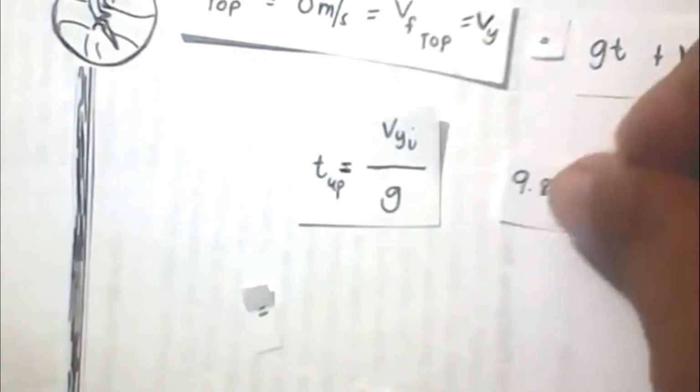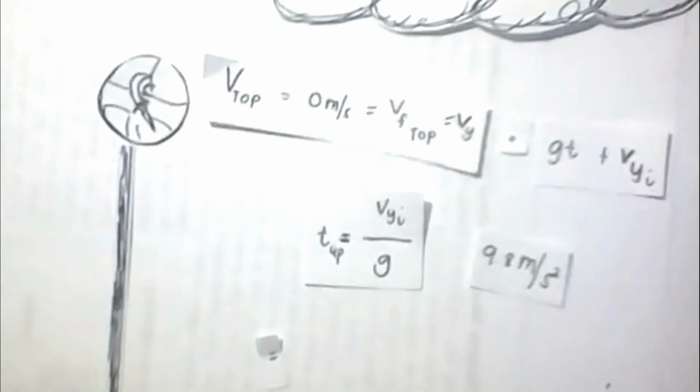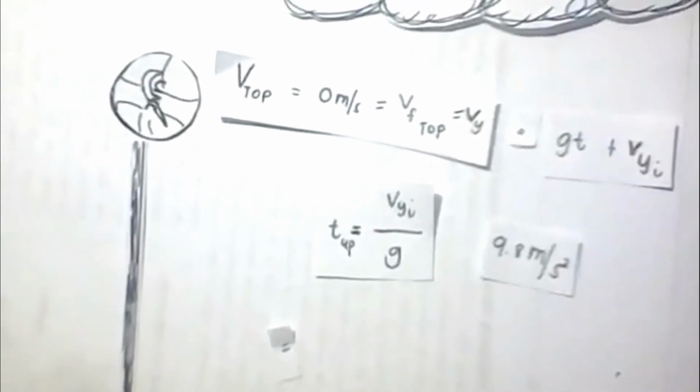The value of g is 9.8 meters per second squared. So you divide Vyi by 9.8 meters per second squared, and that is the amount of time it will take for the ball to reach its maximum height.